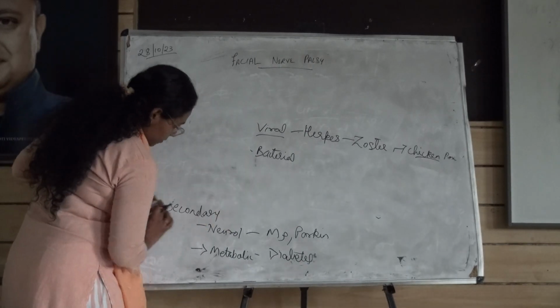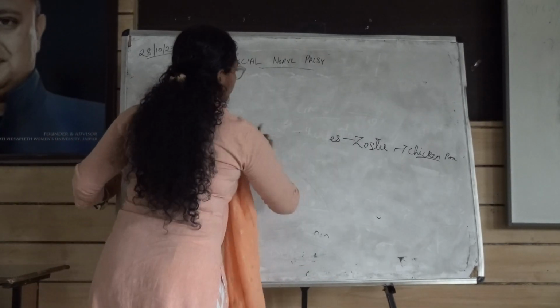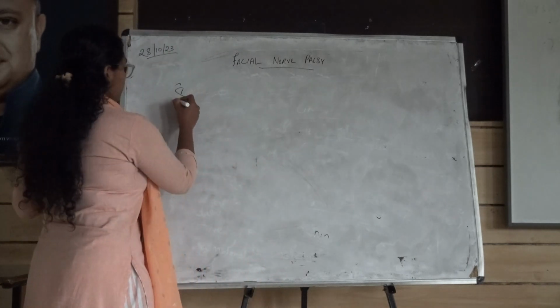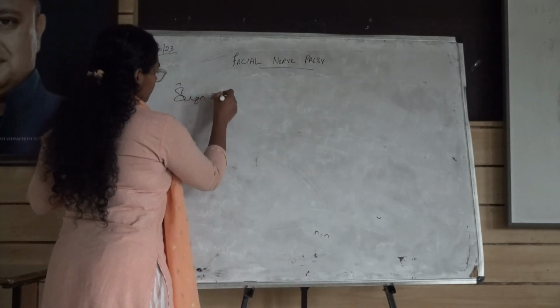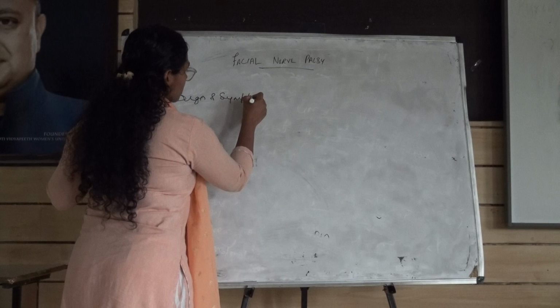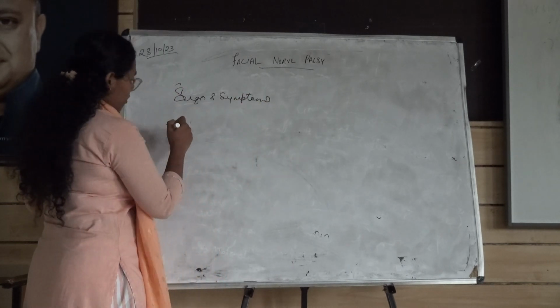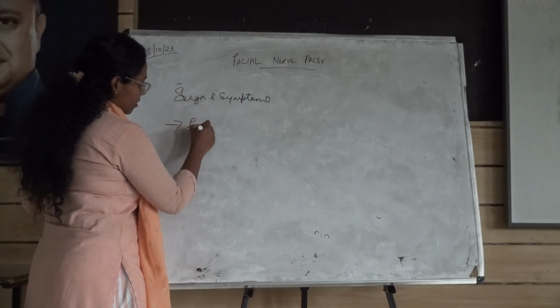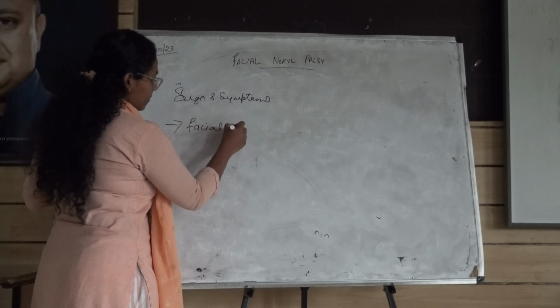What are the signs and symptoms here? In signs and symptoms, we can see facial expression is lost in Bell's palsy.